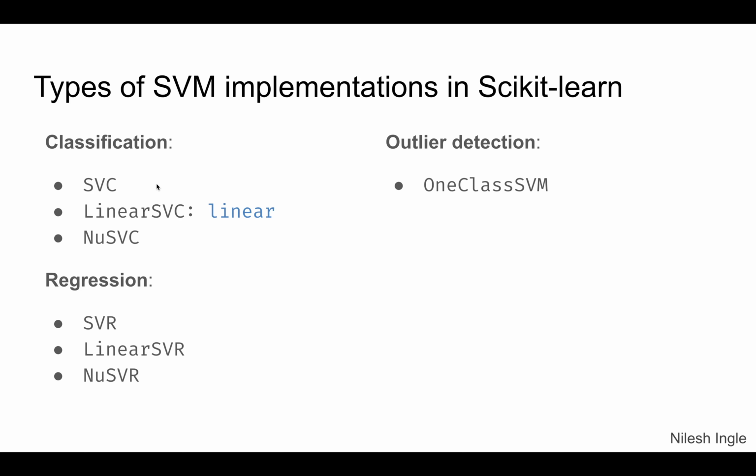So that's the change. And with one-class SVM, this is generally used to find outliers, and so that's a separate method that we have available.